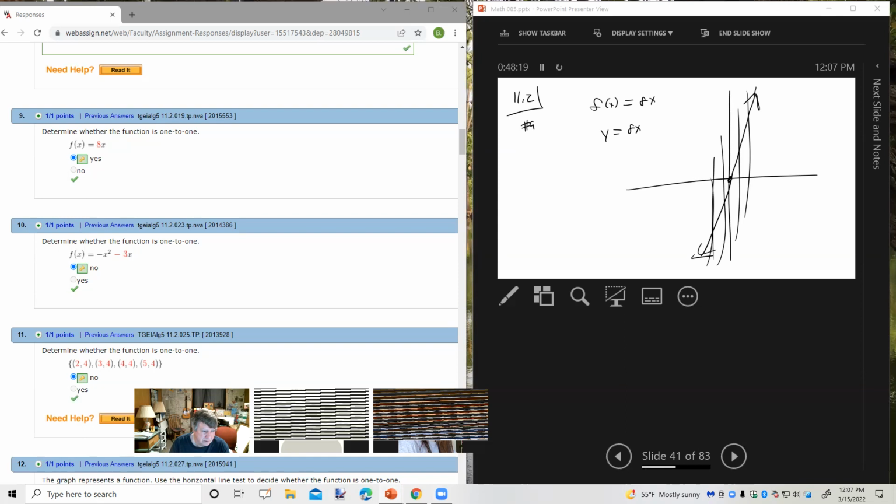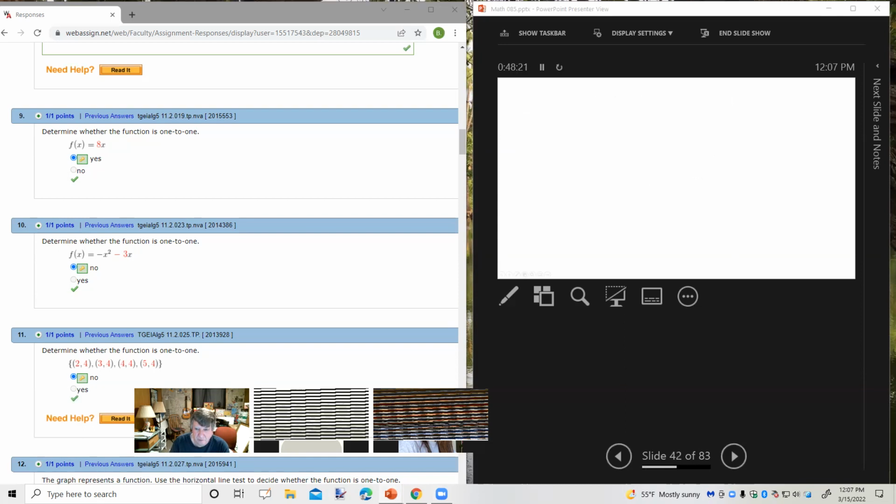Now let's take a look at 10. Number 10, f of x equals negative x squared minus 3x. What is that? Well, that's a parabola, right? It's a second degree equation. And the leading coefficient, a, is negative. So the graph of that thing is going to look like that.